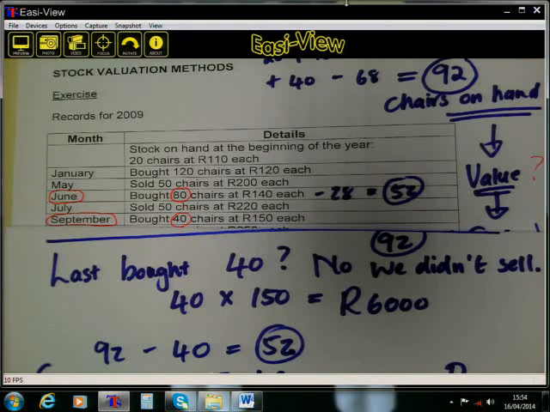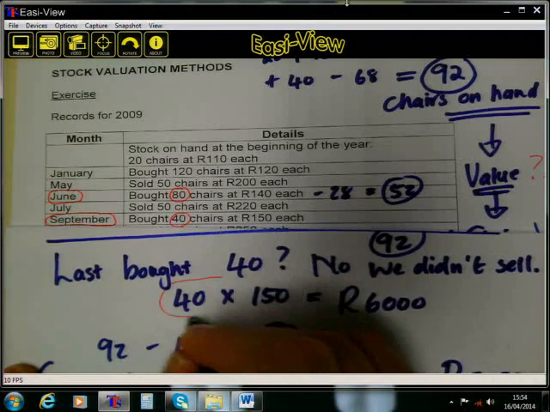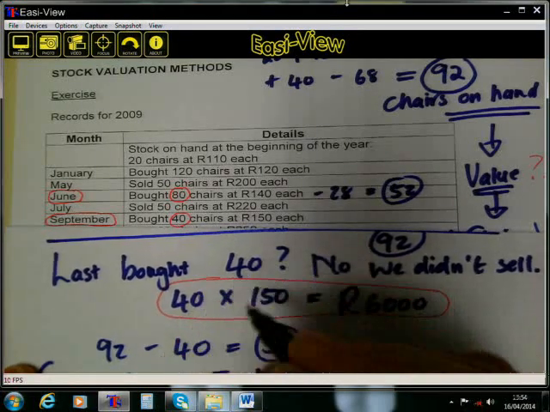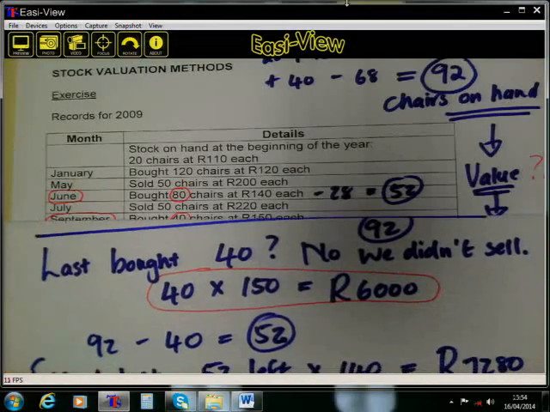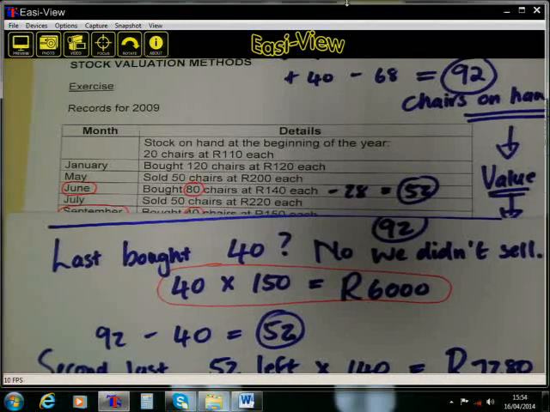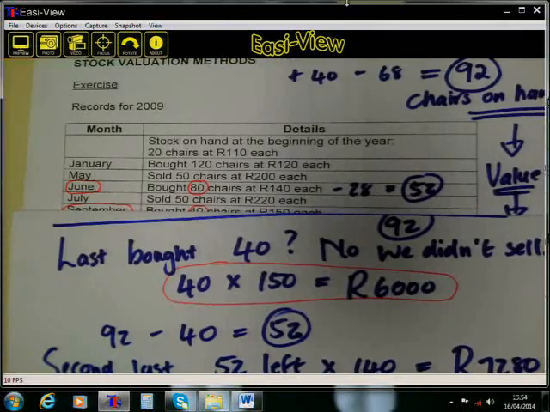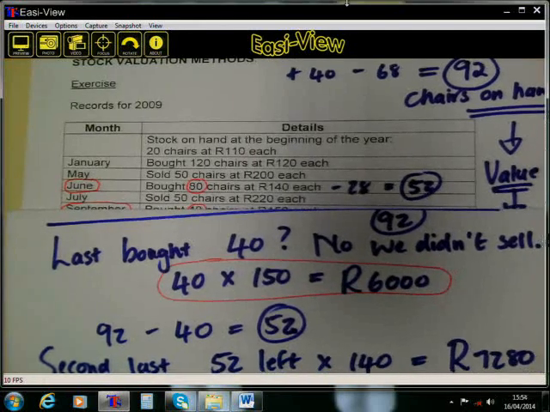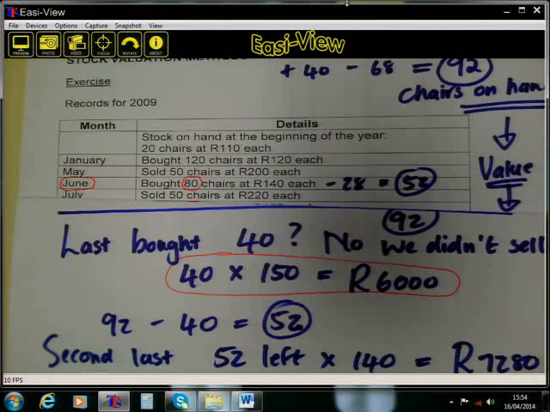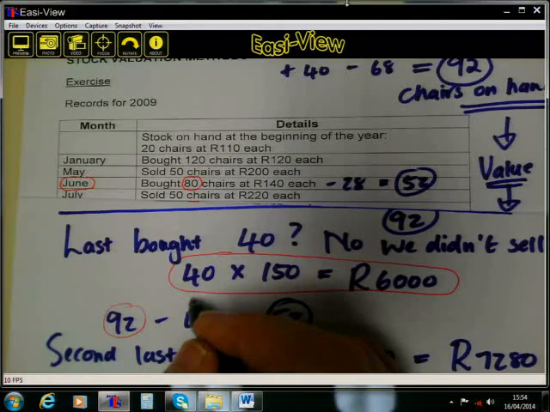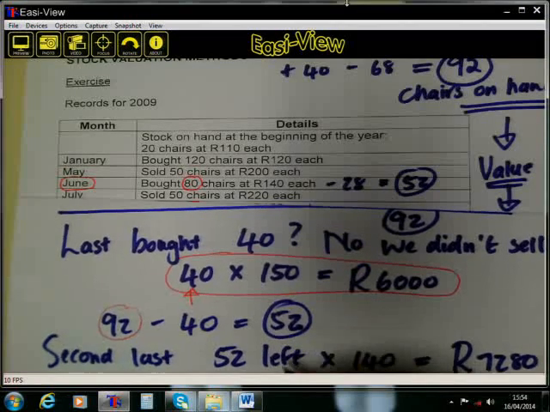So we show that we've got those 40 chairs, all of them at the 150 rand. The next one is 80 chairs, but we haven't got all of those 80 chairs because we only have 92 on hand. So 92 minus the 40 there gives you 52.